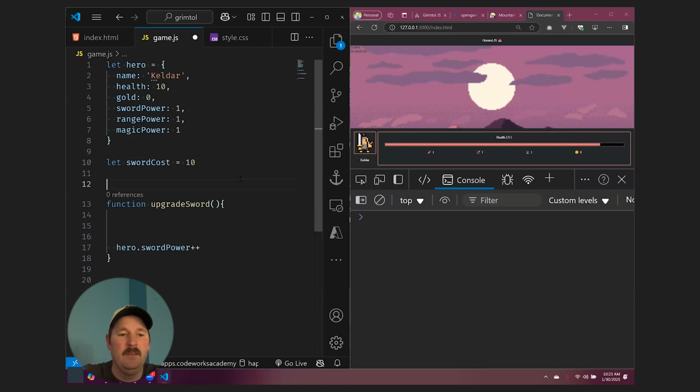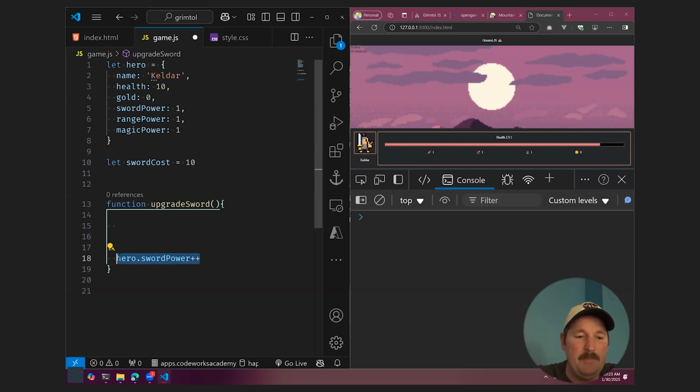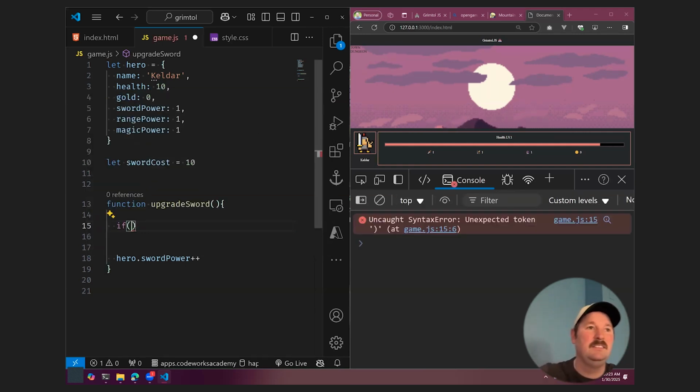What can I write right here that will make it so this doesn't happen unless you have enough money or gold to pay for it? I need the computer to make a decision. How do we make the computer appear like it knows how to make decisions? Remember, that's an if thing. Yes, very good. If what?